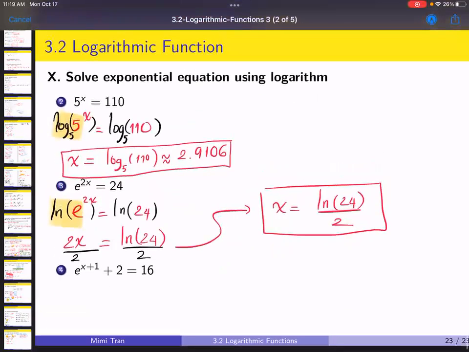All right, last one. We did 3.2. Why don't you try that one? I'll give you a second.